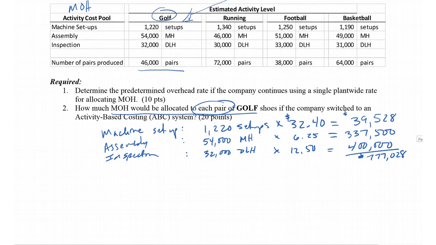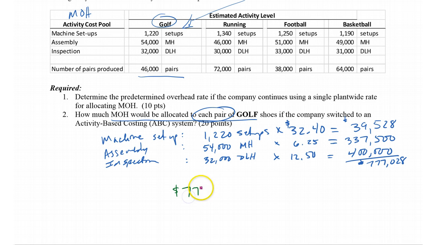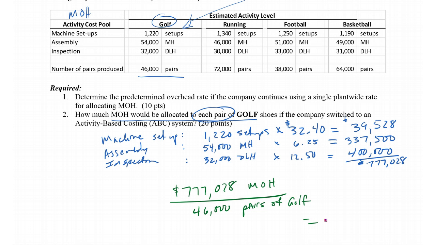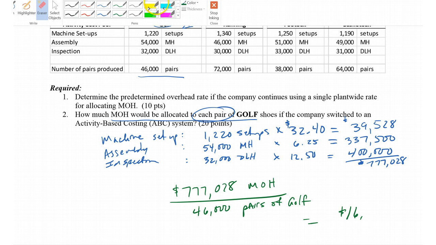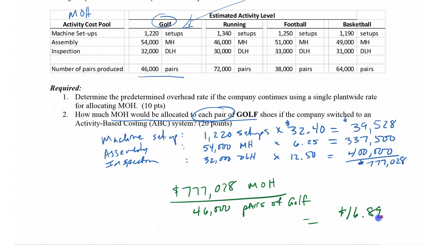So we'd take the $777,028 of manufacturing overhead and divide that by 46,000 pairs of golf shoes, and we would discover that each pair of golf shoes is going to get allocated $16.89 of overhead per shoe. Again, make sure you show your work.